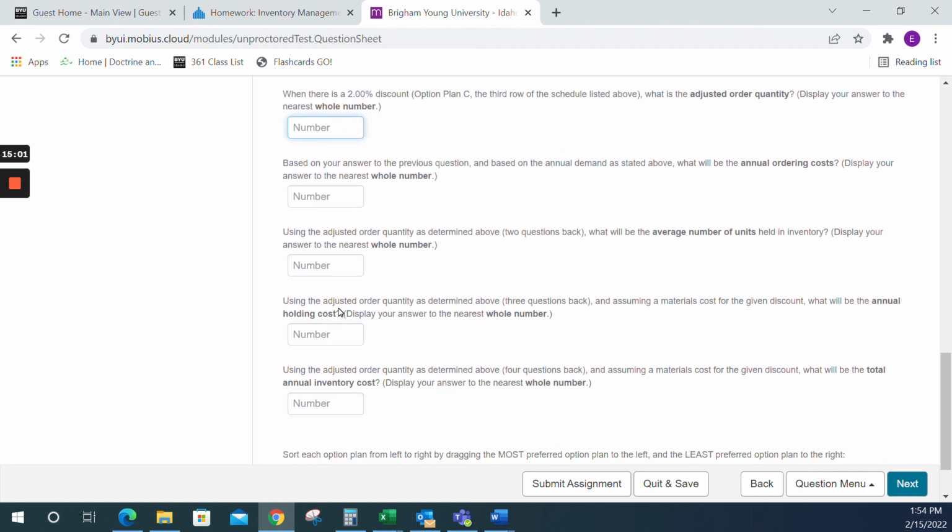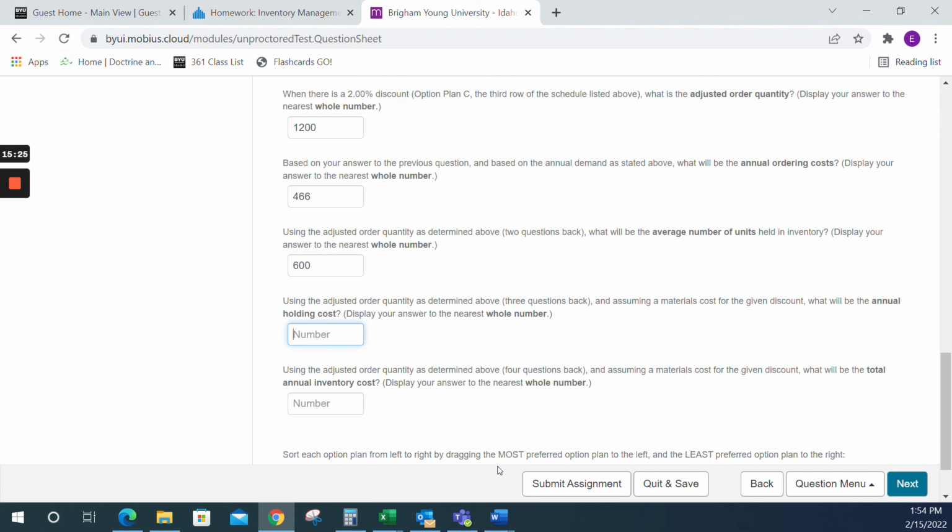When there's a 2% discount, I'm going to do the 1,200 units that I have to do to get that discount, but nothing more. That's going to make my annual ordering costs $466. Using the adjusted order quantity as determined above, what's my average number of units held? It's going to be that 1,200 divided by 2, 600.